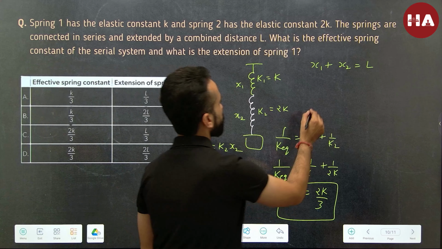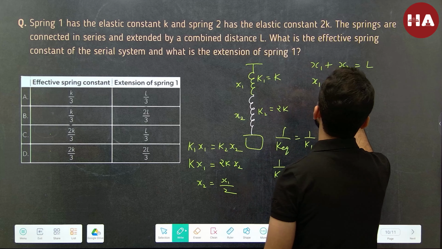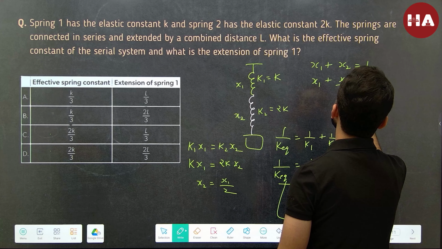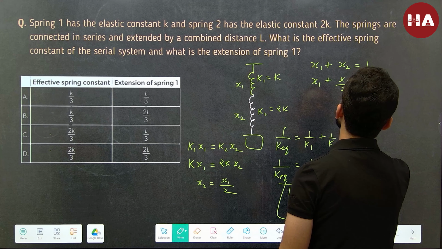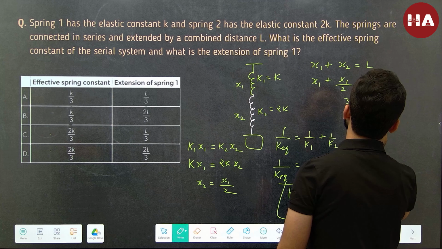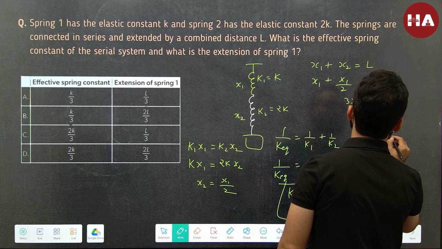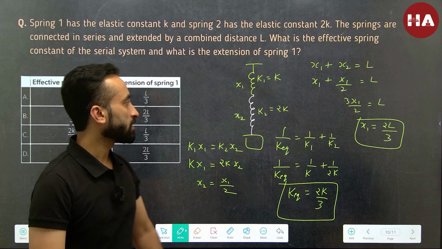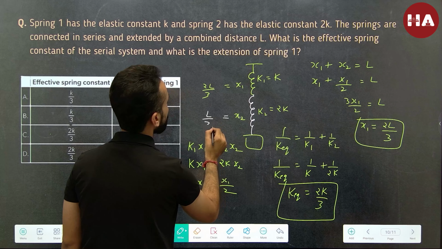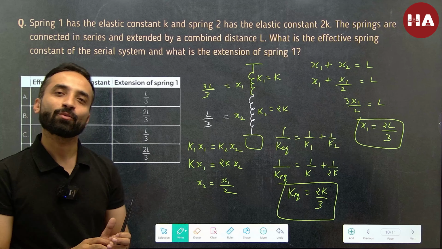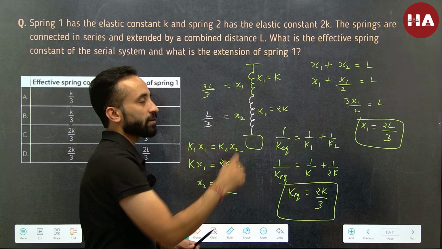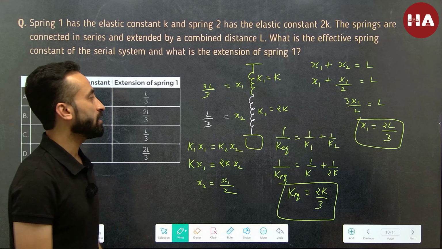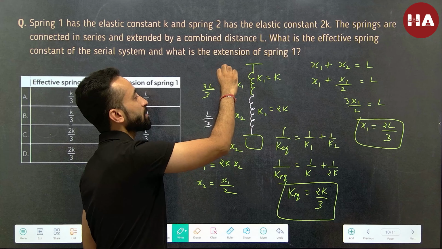So let's put the value: x1 plus x1 by 2 equals L. We are getting 3x1 by 2 equals L, or x1 equals 2L by 3. So what does this tell you? That this green spring is extending by 2L by 3, while this white spring is extending by L by 3. Can you think why? Because this is stiffer, and if this is stiffer, it will extend less compared to this.